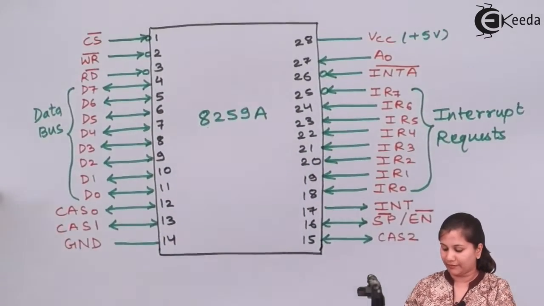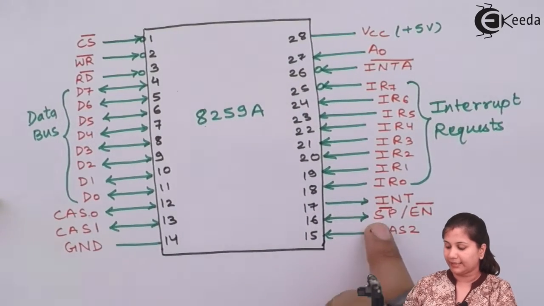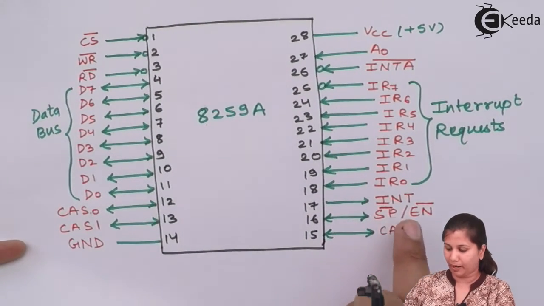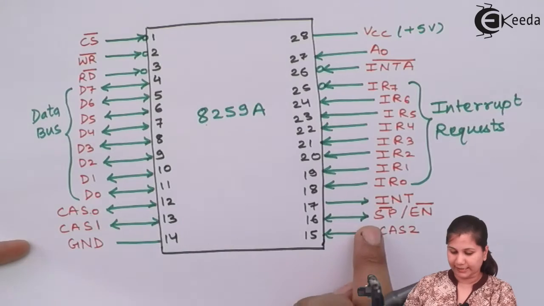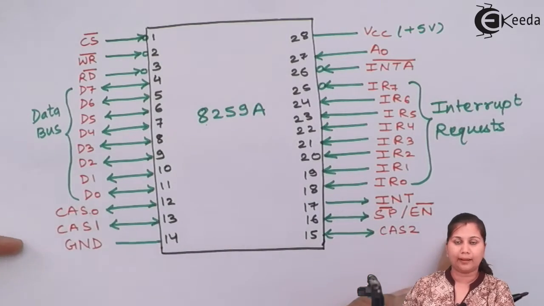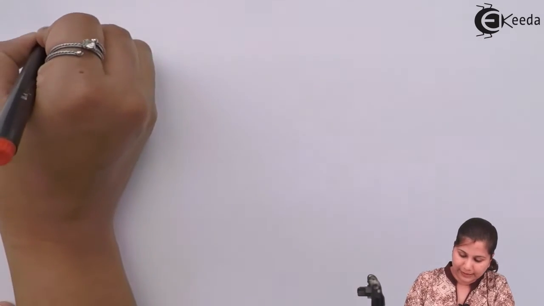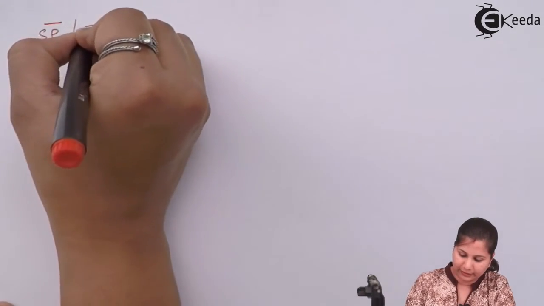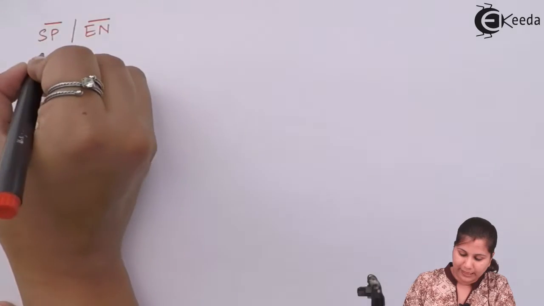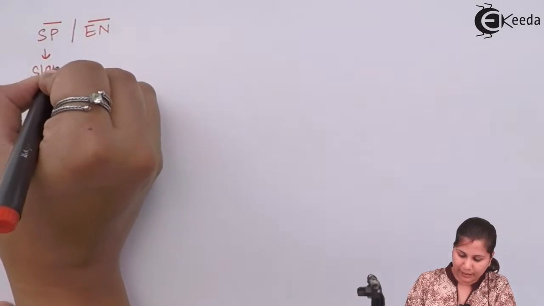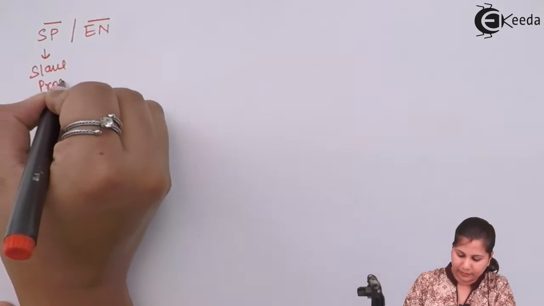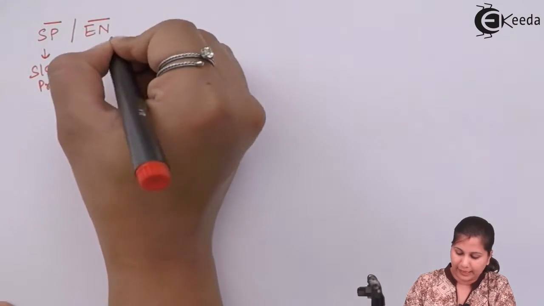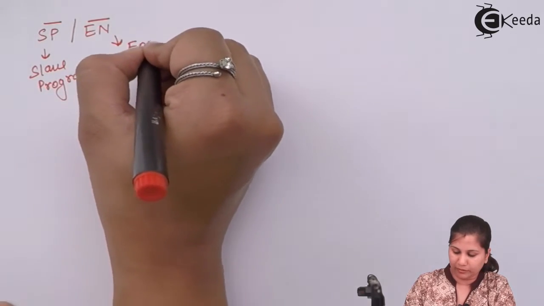Next, in the pin diagram, we have studied these cascade lines. Then we have the signal SP bar and EN bar, which is the slave program and enable buffer. So let's study these pins, SP bar and EN bar. SP is for slave program and EN is for enable buffer.